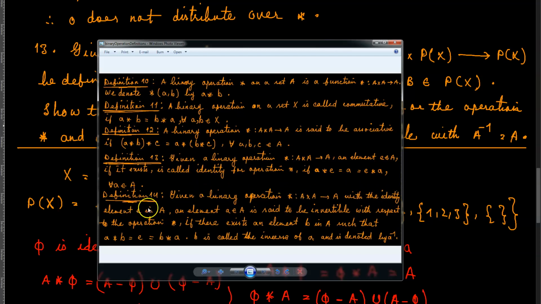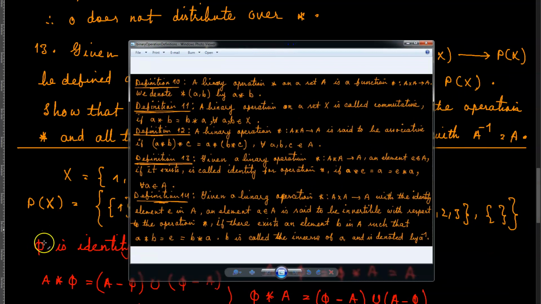with the identity element E in A, and we already found the identity element, which was the null set here, an element A belonging to a set is invertible with respect to the operation star if there exists an element B in A such that A star B is equal to B star A is equal to E, the identity element, and then B is called the inverse of A and is denoted by A inverse.